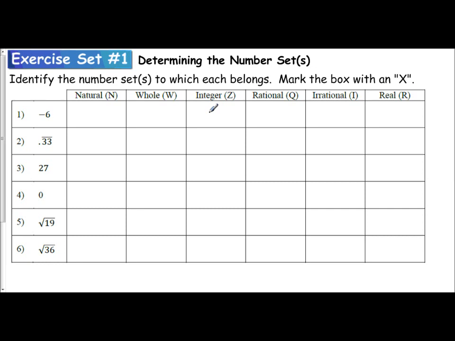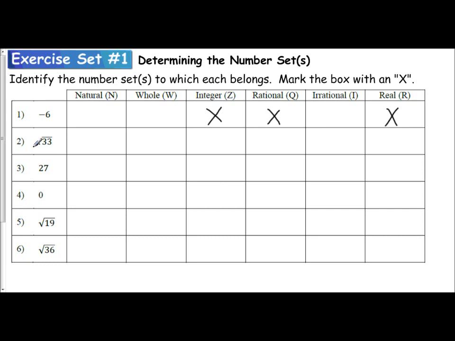The first place it starts is an integer, so it is an integer, which also makes it rational. And if it's rational, there's no way it's irrational. And then we also know it is a real number itself. So we have integer, capital Z, rational, which is a capital Q, and real, which is a capital R.